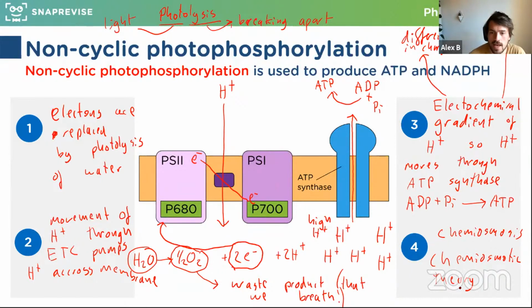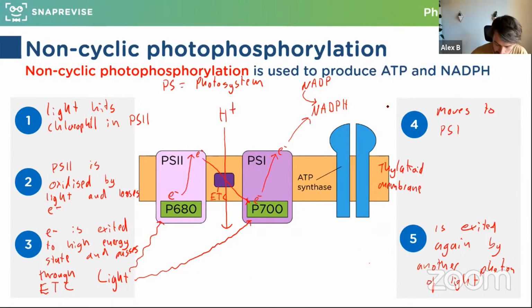How is NADPH produced? Yes, good question. NADP is a coenzyme. It's present in the chloroplast, and the NADPH is basically the NADP plus e minus.